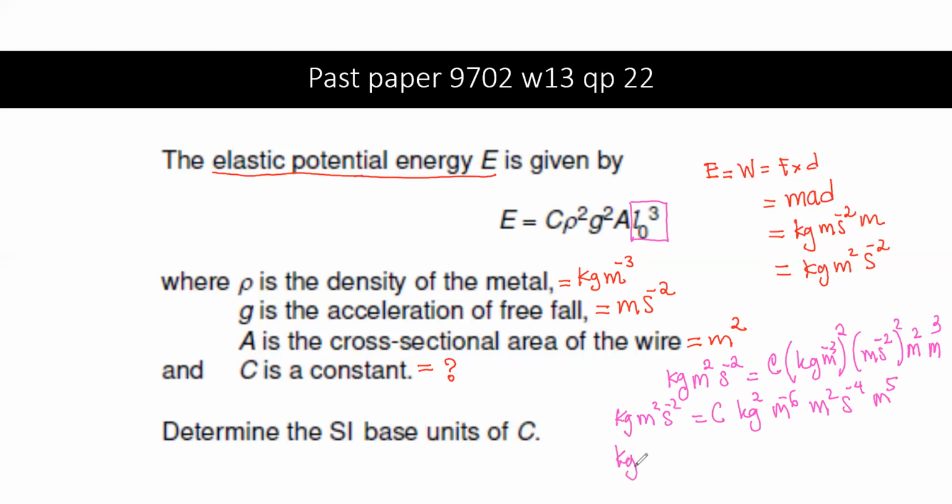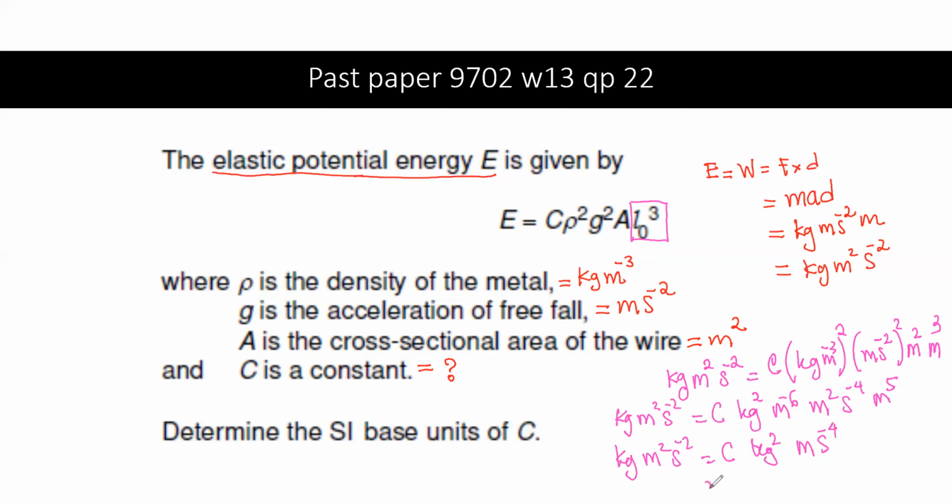So kilogram meter square s minus 2 equals C, kilogram square, meter to the power of minus 6 plus 2 plus 5, meter only, s minus 4.